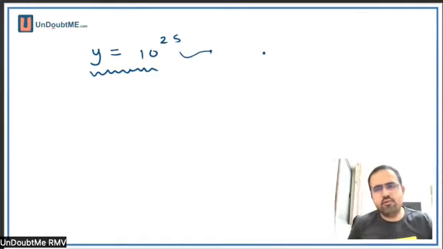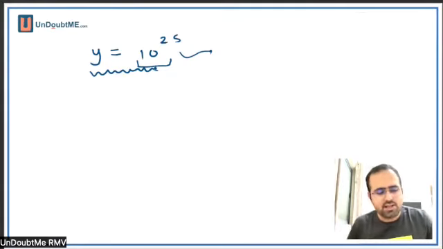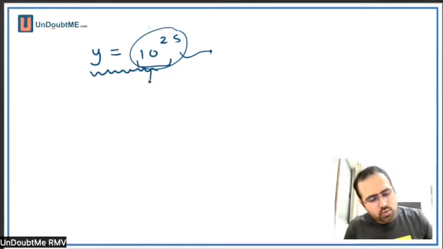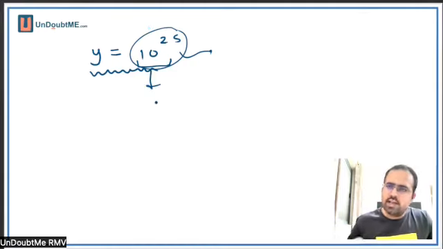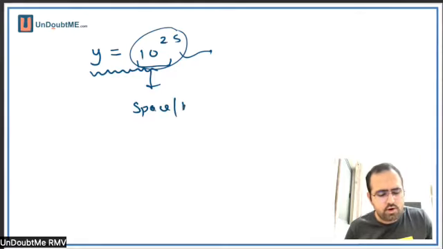It will not be stored in the form of 10 to the power 25 unless you have installed scientific notation in the inputs. If not, it will be stored in this form only, but ultimately the value will be this only. Try to understand that. Now, when we talk about any device or machine, it is all about space, it is all about memory.